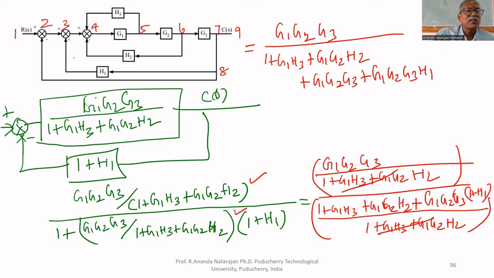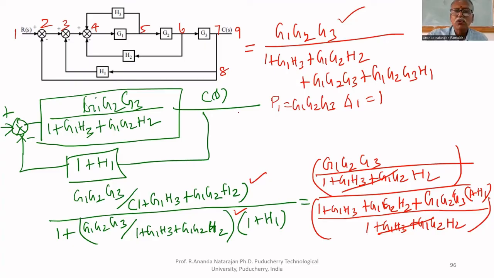Only one forward path. What is the forward path transfer function? G1, G2, G3. Therefore, P1 equal to G1, G2, G3. Delta 1 equal to 1 because no part of the graph is not touching the forward path. Let us assume that the block diagram itself was a signal flow graph.